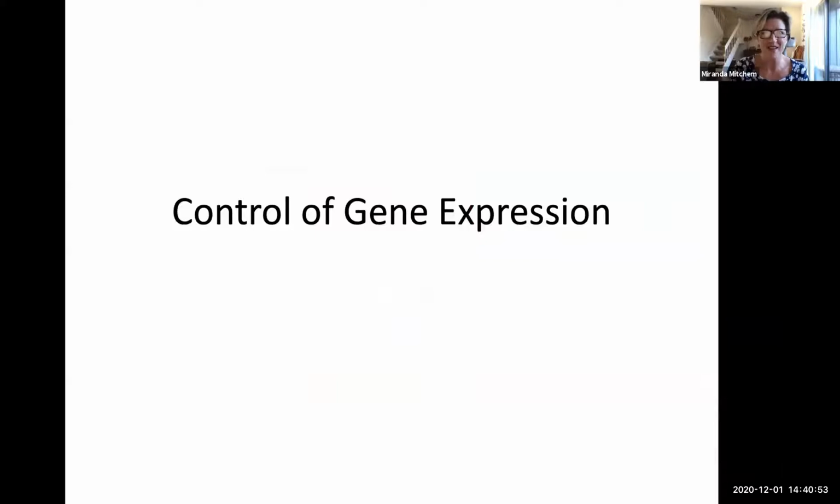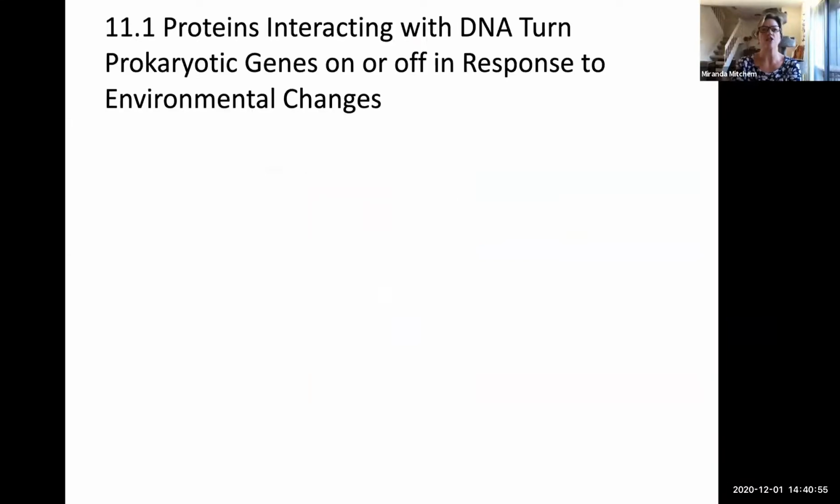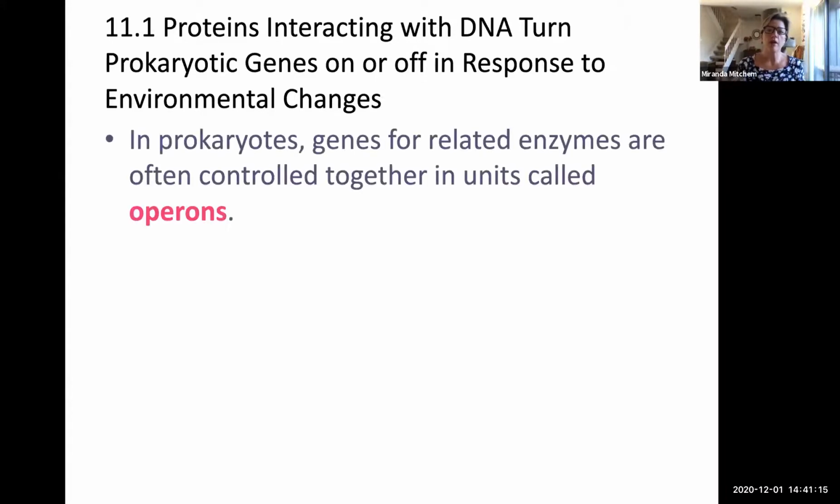All right, so to begin with the control of gene expression. So first of all, prokaryotes and eukaryotes do have some differences in the mechanisms that they use for gene control. So we'll first talk about the prokaryotic system, and then we'll move over to eukaryotes. So in prokaryotes, they utilize a structure called an operon.